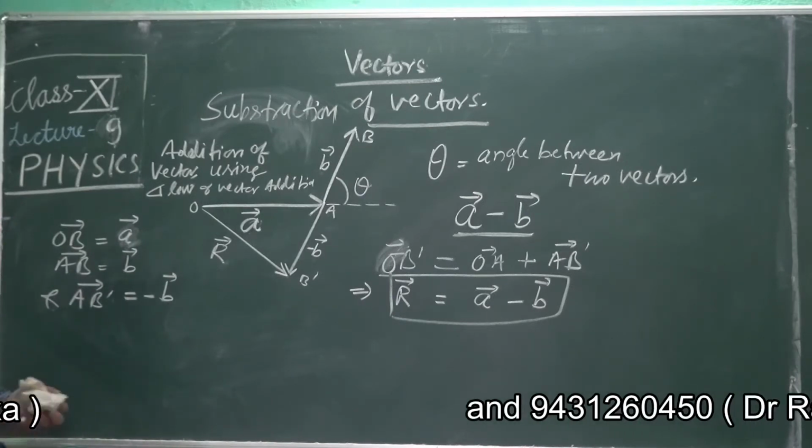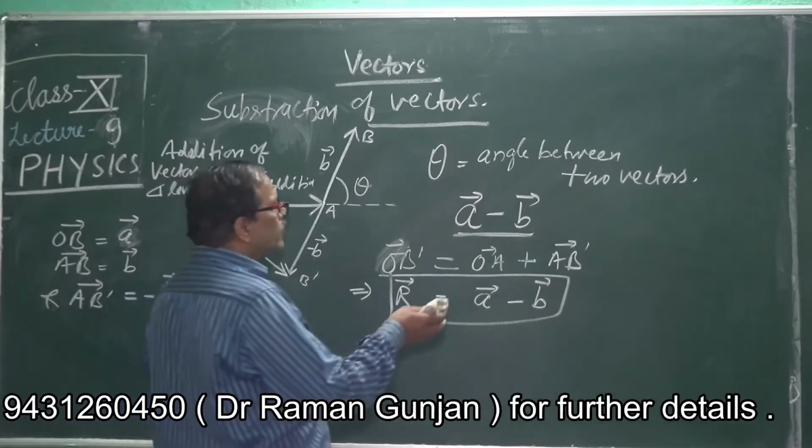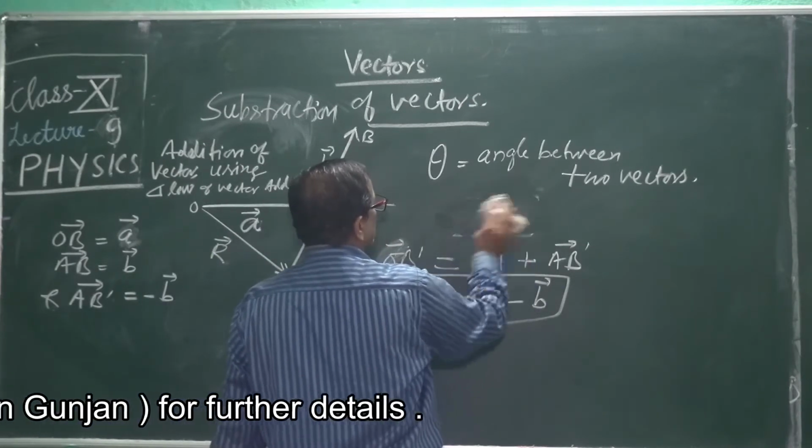Now we want to find the magnitude of the resultant of the two vectors.